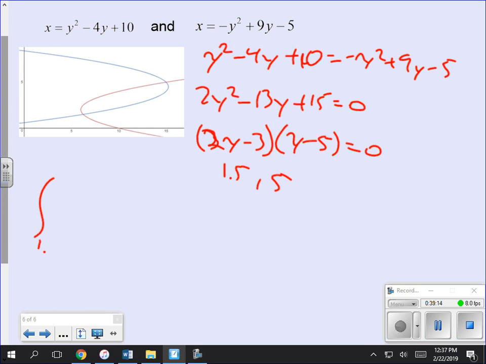So they have the integral from 1.5 to 5 of negative y squared plus 9y minus 5 minus y squared minus 4y plus 10 dy.